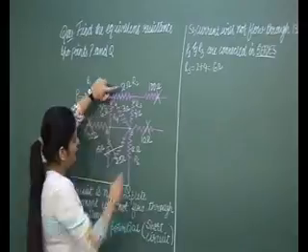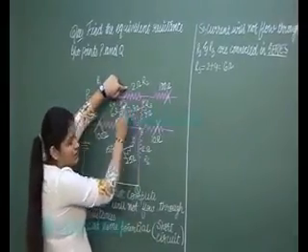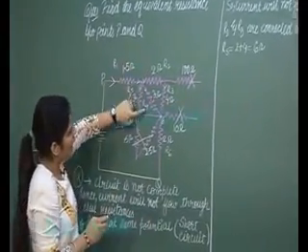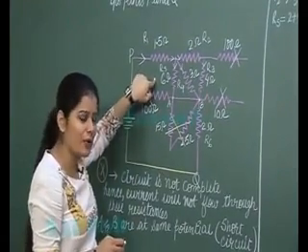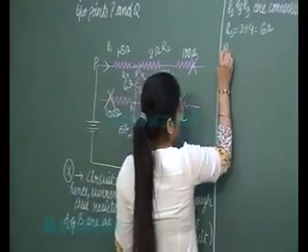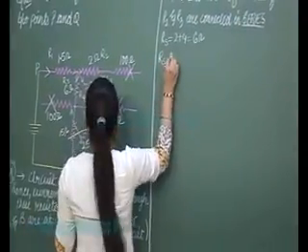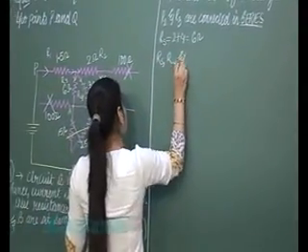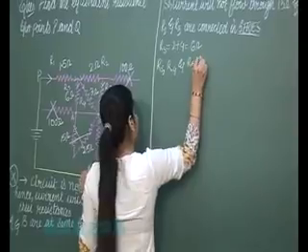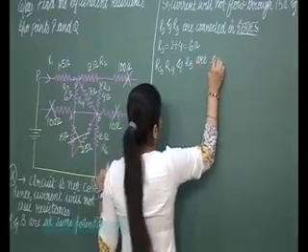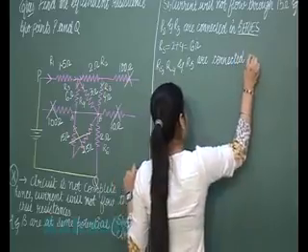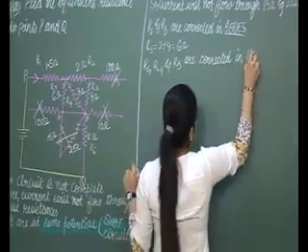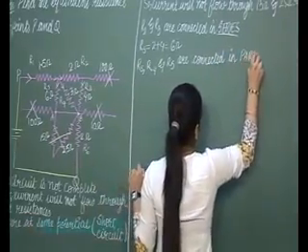Now student, the equivalent resistance, which is Rs, R4 and R5 are now connected in parallel combination.